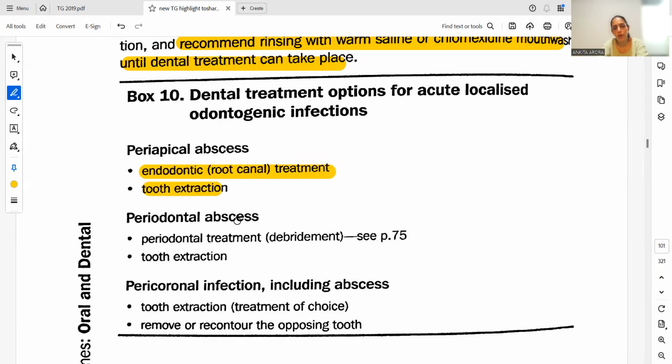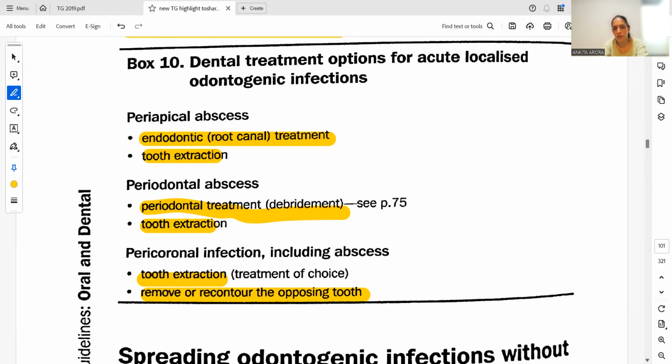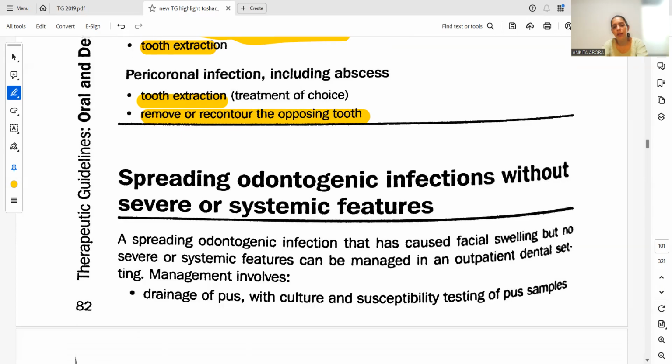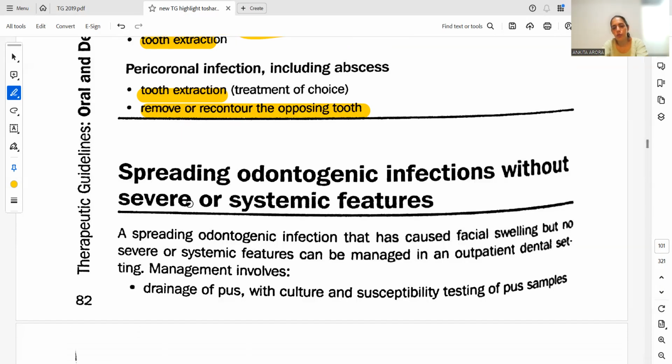For periodontal abscess: periodontal treatment, debridement, and tooth extraction are the treatment modalities. For pericoronal infection: again tooth extraction, or remove or recontour the opposing tooth, because that was the tooth giving friction or trauma. Then we have spreading odontogenic infections without severe or systemic features.